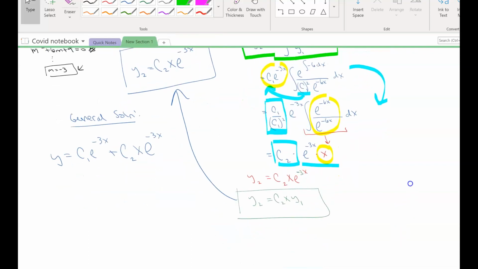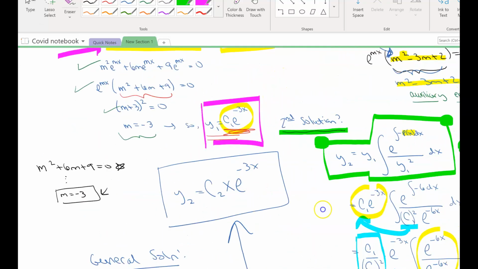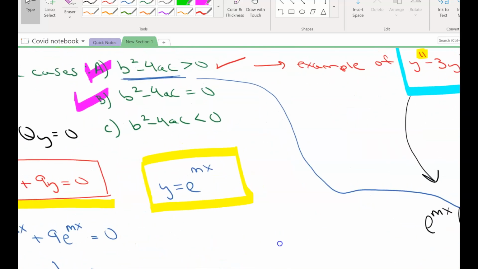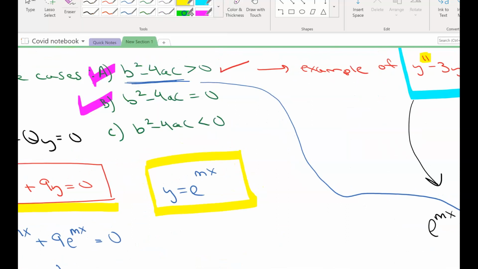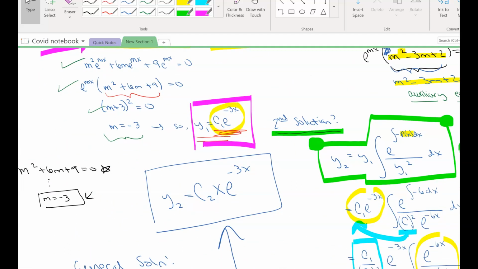A natural question you have is, when you have case 2, where's case 2? Here we go. When you have case 2 being b squared minus 4ac equals 0, your question is, will the second solution, will this y2 always have the form of c2x times y1?